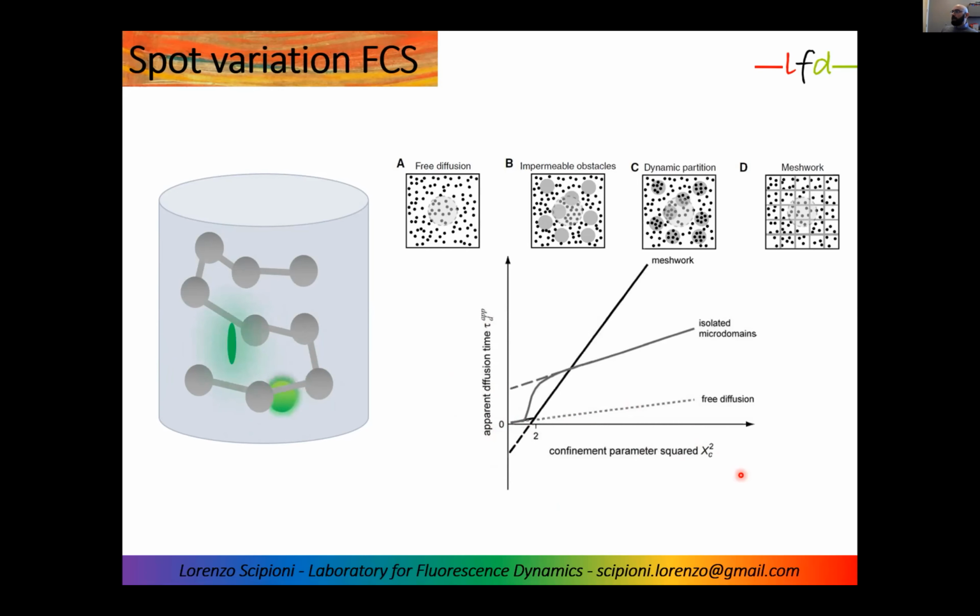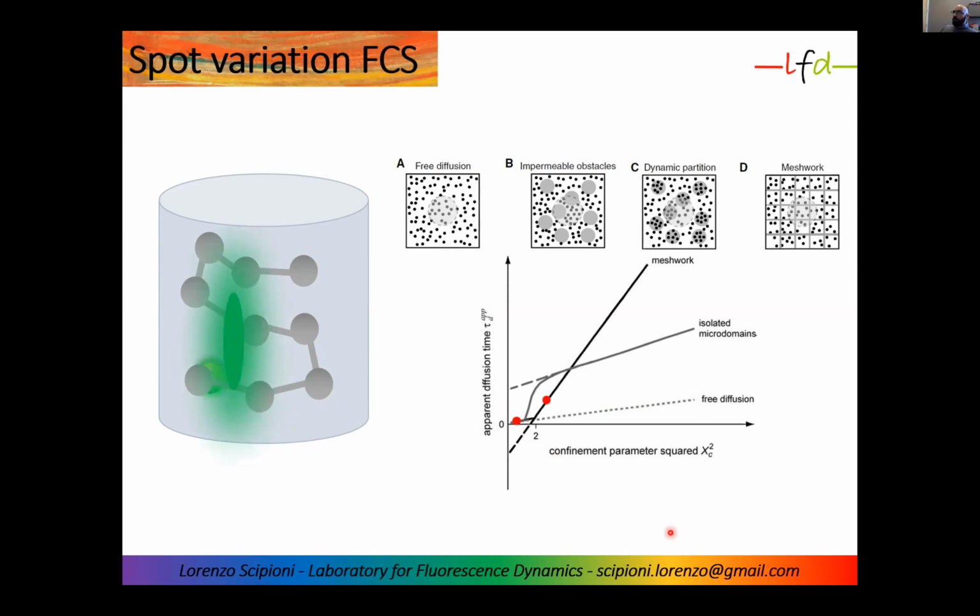If you take a very small illumination volume, say smaller than the size of the mesh, then inside that volume the molecules will largely diffuse as free diffusion, right? So you will get a point here along the free diffusion line.